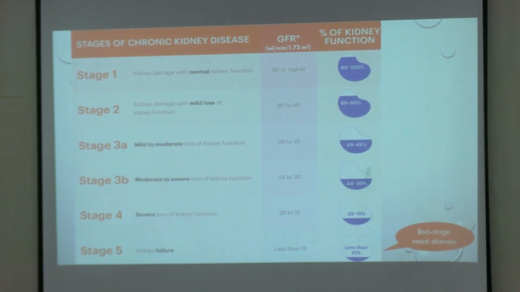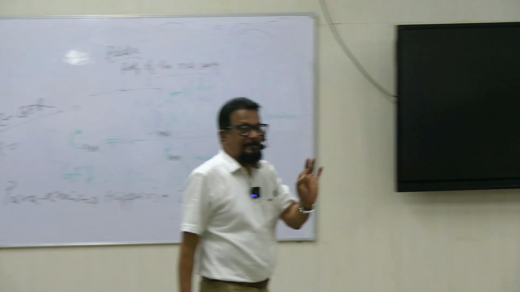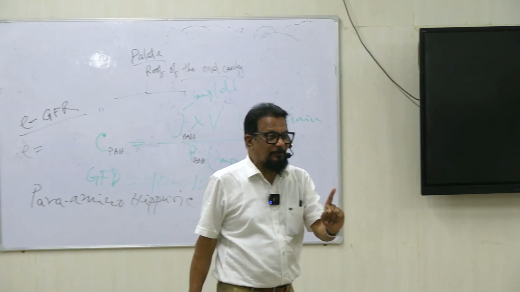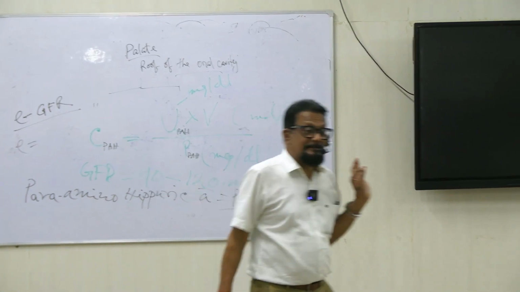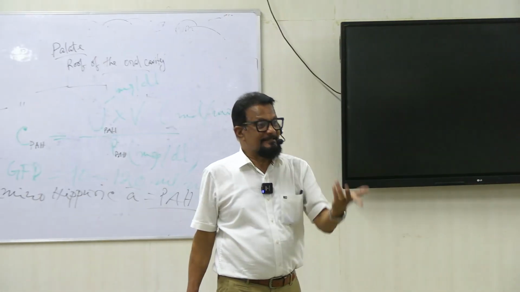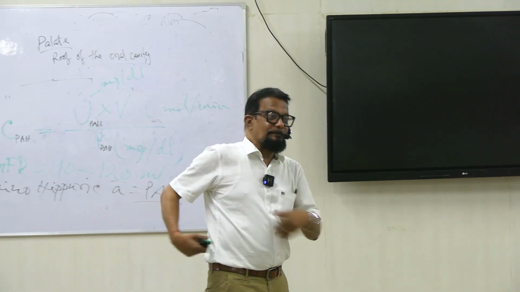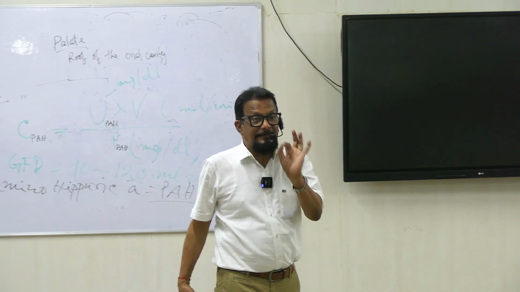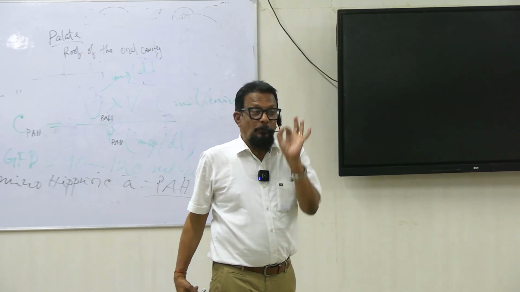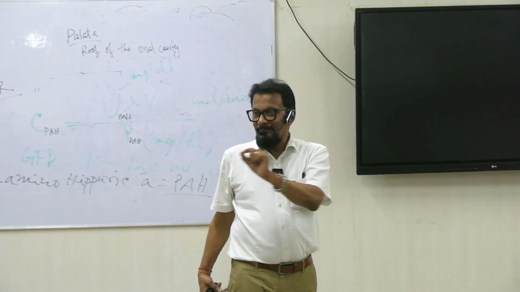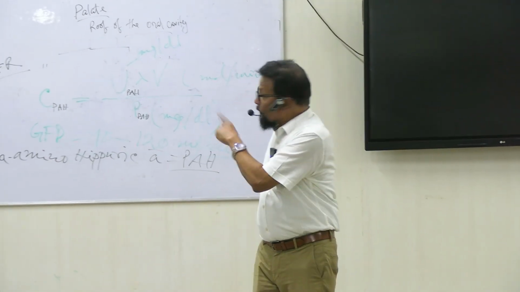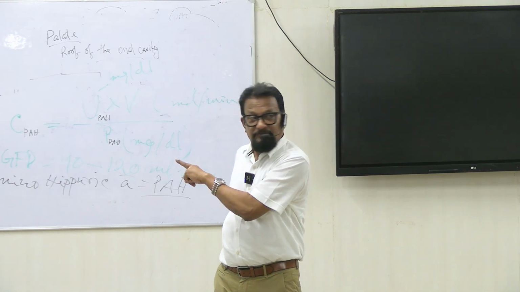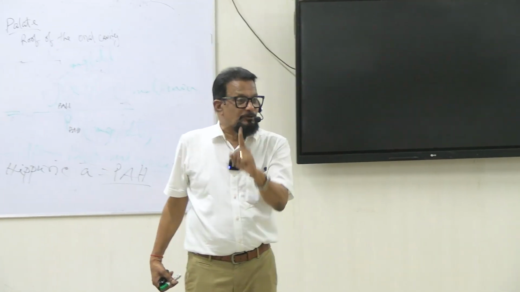And it is called end stage kidney failure. And here, when there is end stage kidney failure, immediately what is suggested? Dialysis is suggested. Or transplantation of kidney is suggested. So when end stage, when we get the estimated GFR less than 15, then it is suggested that he should undergo transplantation.